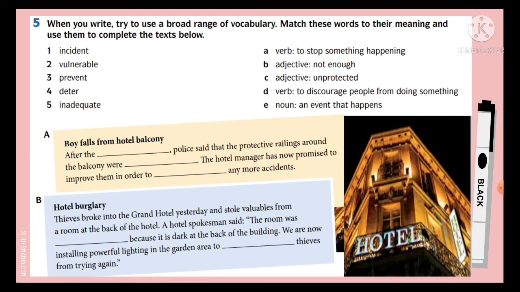Those words are incident, vulnerable, prevent, deter, and inadequate. You can use an online dictionary to find the meaning and match those words to their meanings and complete the text given there. And please refer to your teacher for the correct answers.